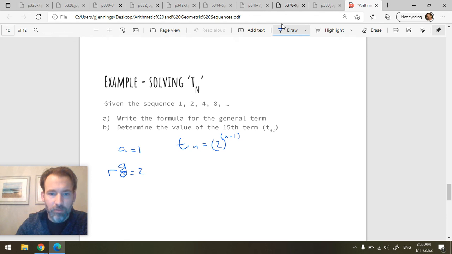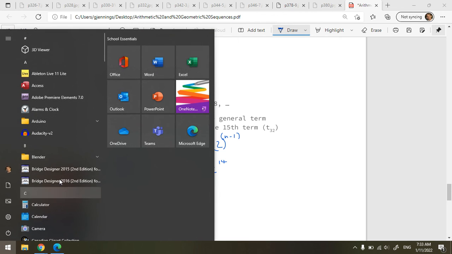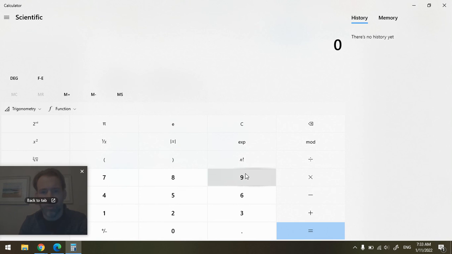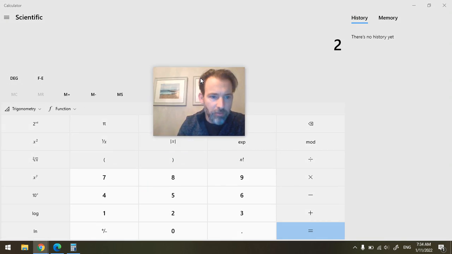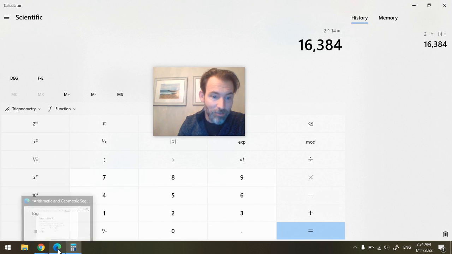So if I want to find the 15th term, it's just 2 to the 14. And I don't have my powers of 2 memorized that high because I'm not a computer programmer, but here we go. 2 raised to the power 14 equals, there, that's the answer, 16,384.